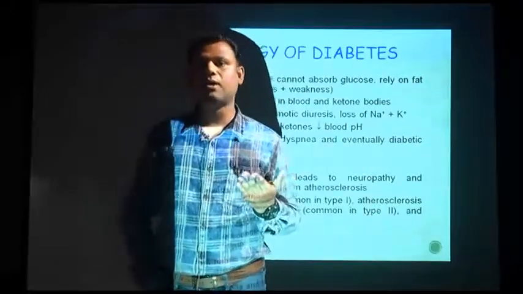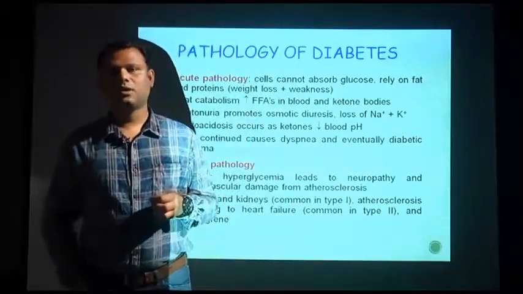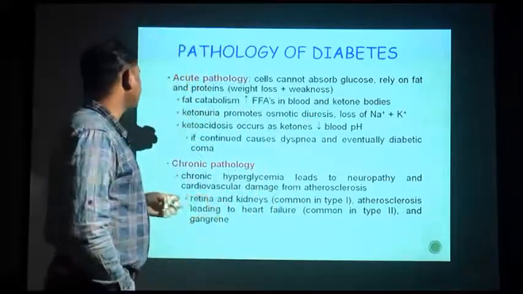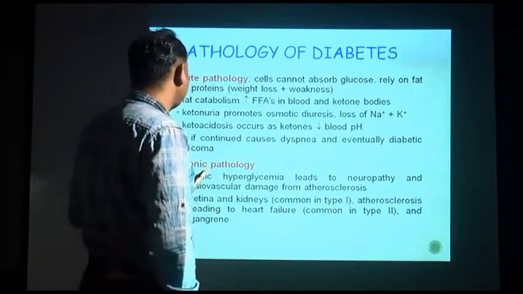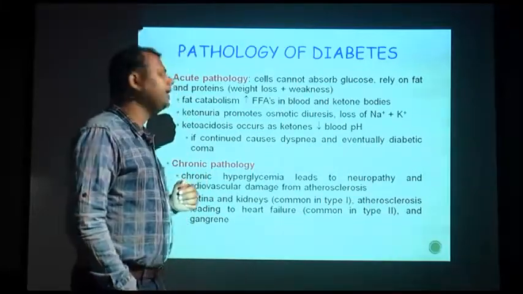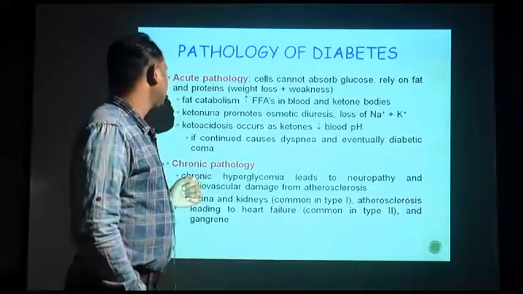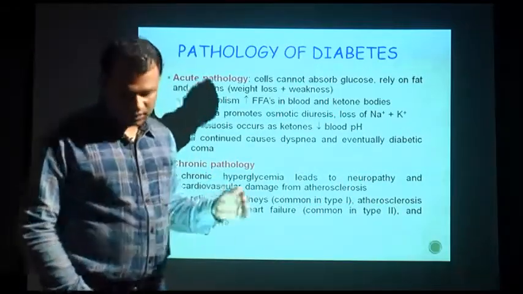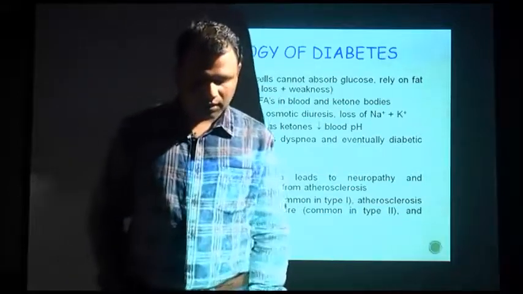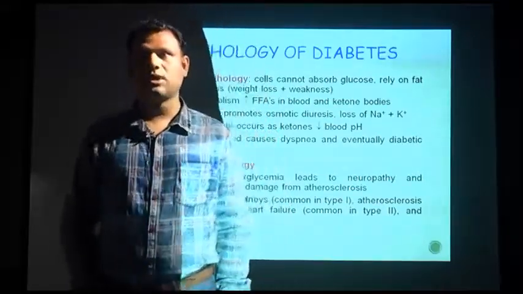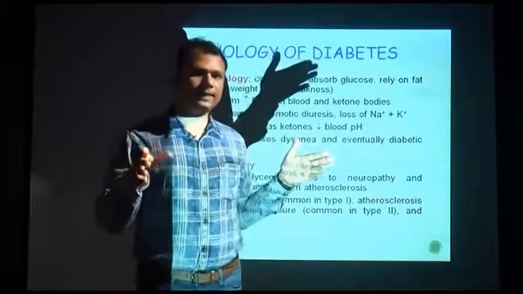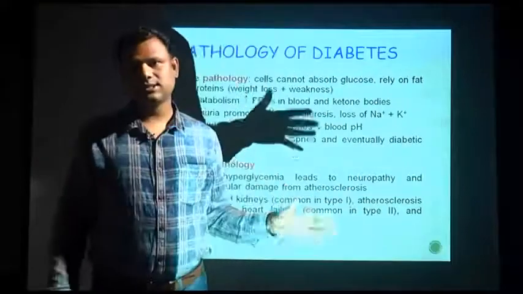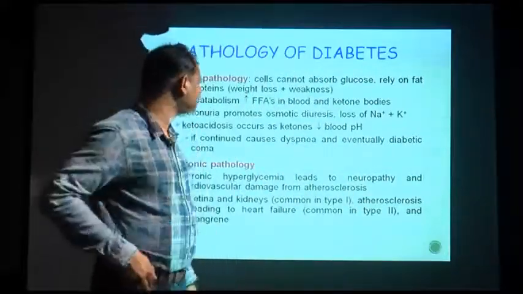When you study the urea cycle, you will come to know what ketonurias are. So ketone bodies will be formed, which can lead to ketoacidosis, and ketoacidosis leads to decreased blood pH. If the acidic concentration of your blood increases, definitely the pH goes down, because on a pH scale, if the pH increases, the basicity increases, and if the pH decreases, the acidity increases.